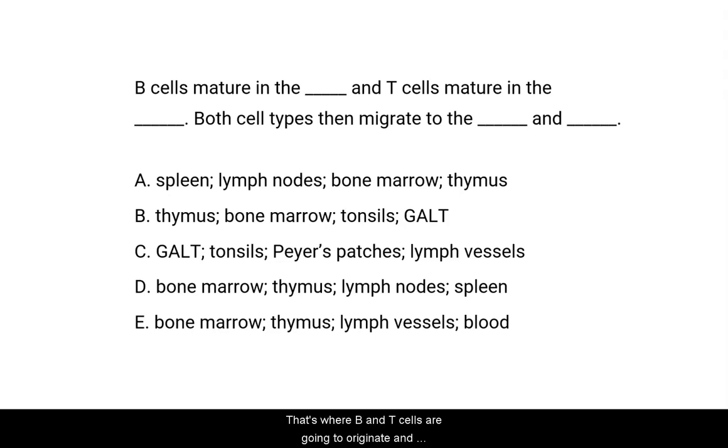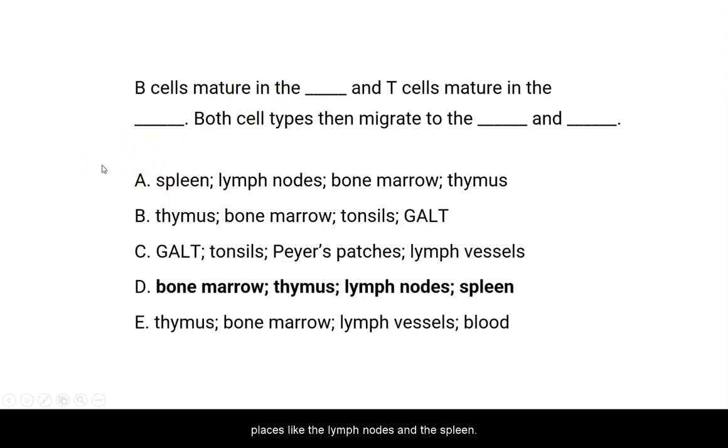That's where B and T cells are going to originate and mature. And then once they're done maturing, they're going to migrate to the secondary lymphoid organs, places like the lymph nodes and the spleen. And the reason they do this is so that they can come into contact with potential pathogens.